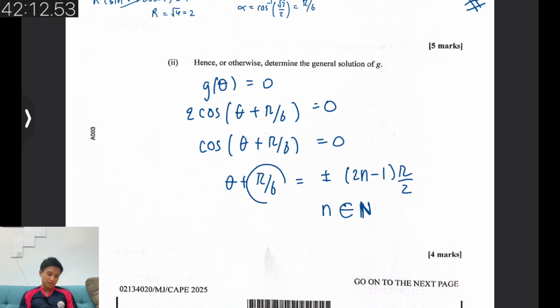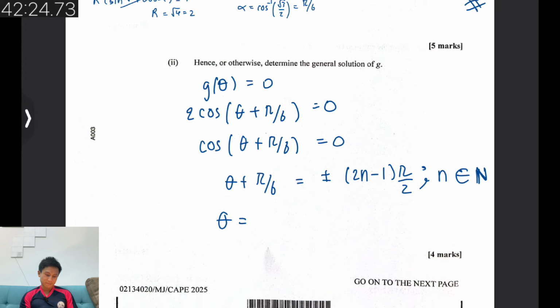But we're not done. We need to move this to the other side. So we need to simplify that. So theta is, how do we simplify that? Hang on. Yeah, probably we're going to have to keep it in that form. So it's minus pi over 6 plus or minus.